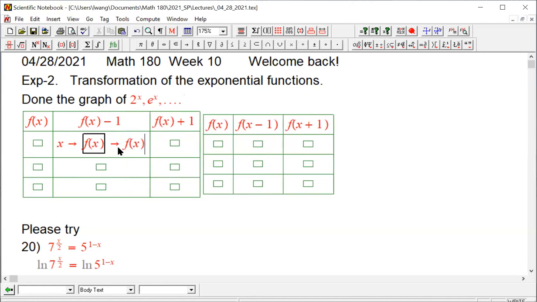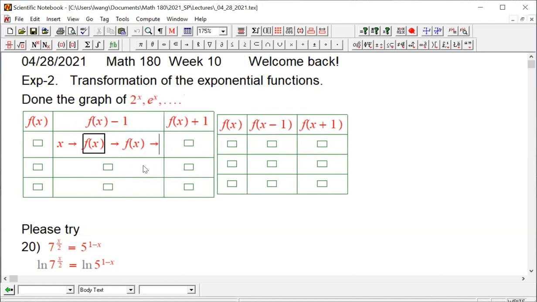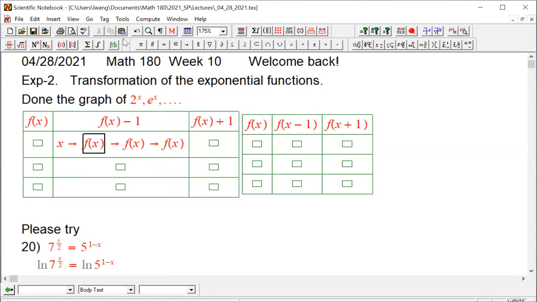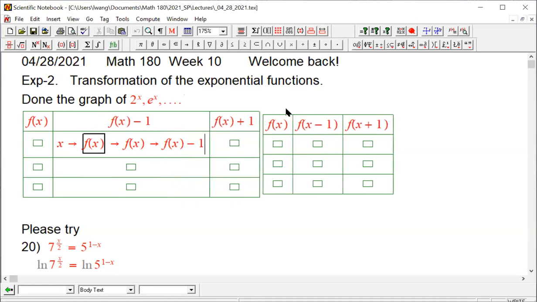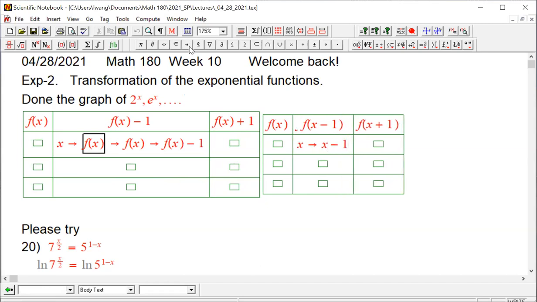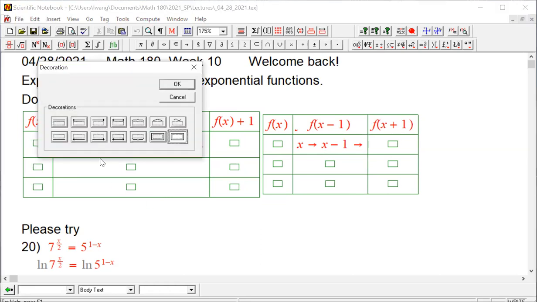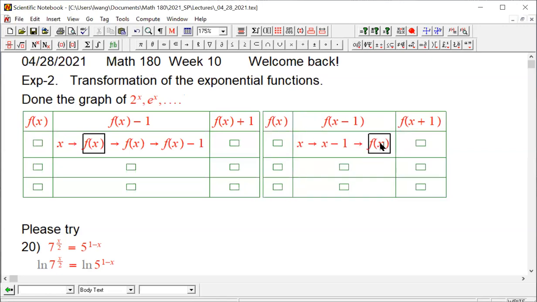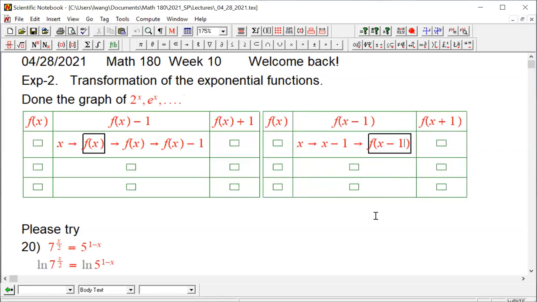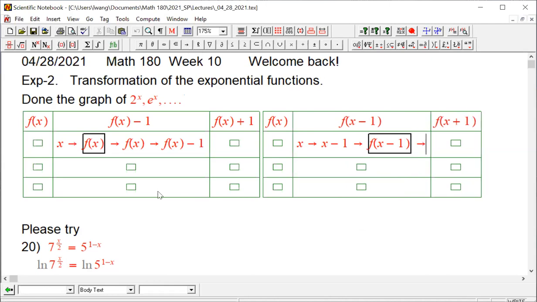Then this output is taken and subtract 1. So one is output subtract 1, and the other one is input subtract 1. Do you follow me? That's the primary difference.